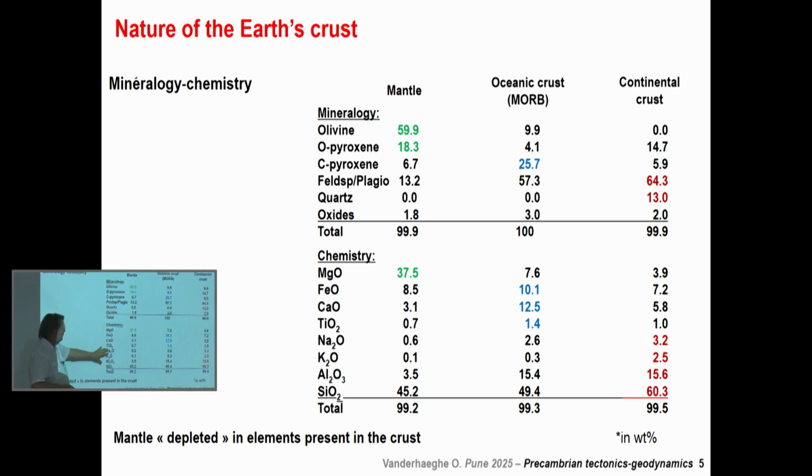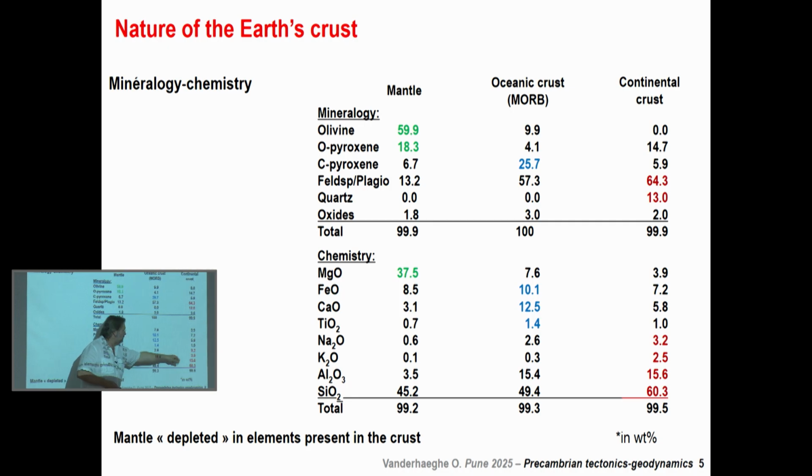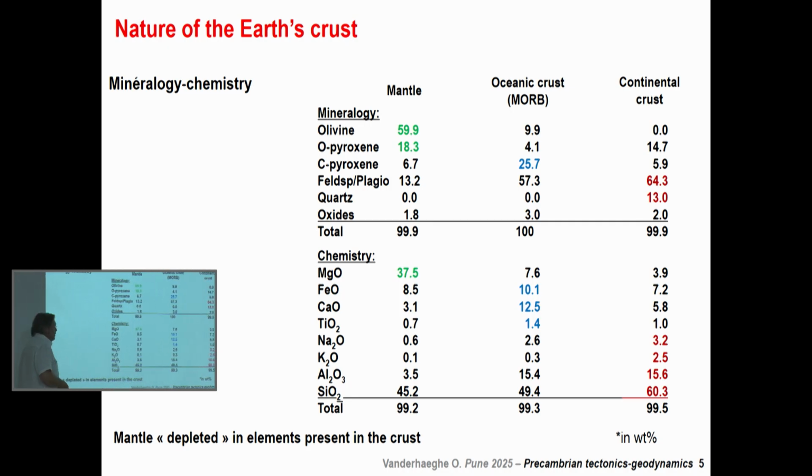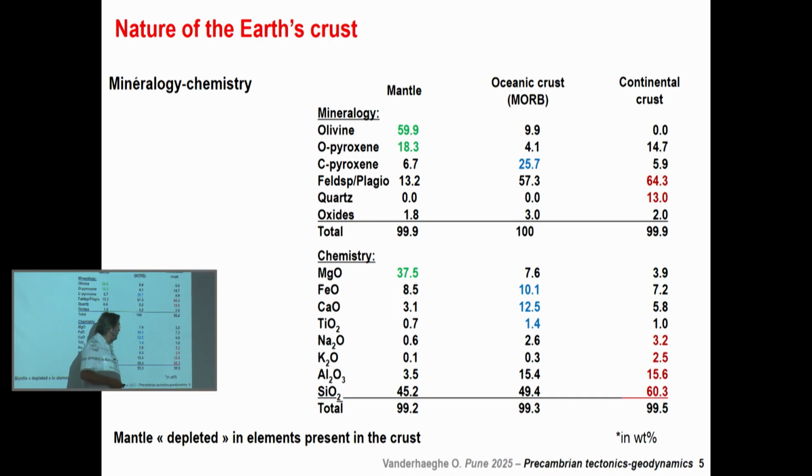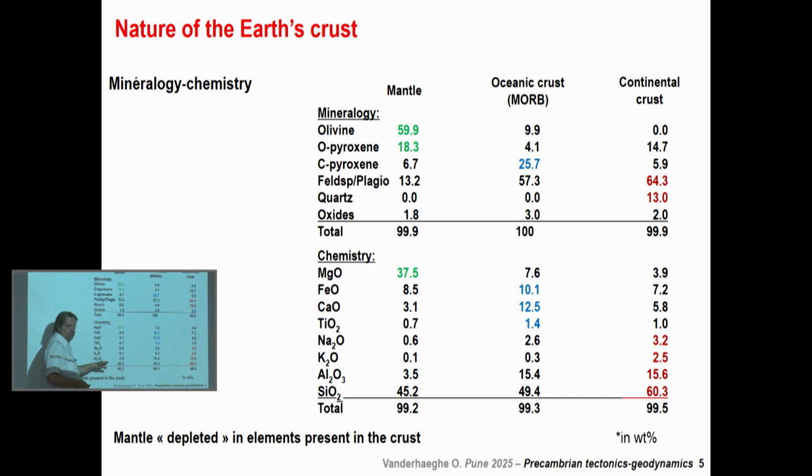And that breaks down into chemical oxides, which indicates predominance of magnesium in the mantle, predominance of iron, calcium, and titanium in the oceanic crust, and sodium, potassium, aluminium, and SiO2 in the continental crust. Note that there is silica in all rocks. It's the basis of all silicate minerals.